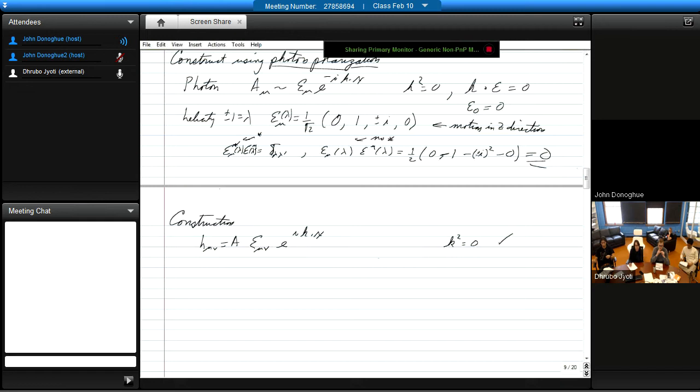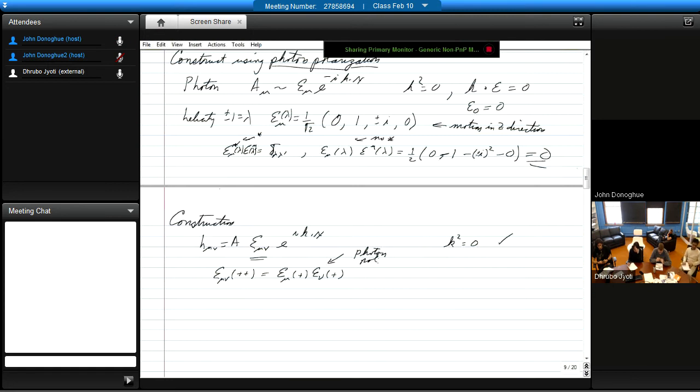That's easy to do. But the construction that's interesting here is epsilon mu nu, either plus plus, well, let's do plus plus, can be taken to be epsilon mu plus epsilon nu plus, where these guys are photon polarizations.